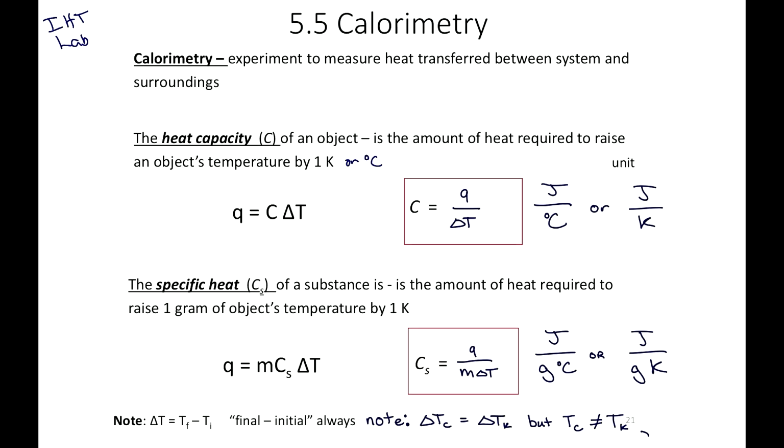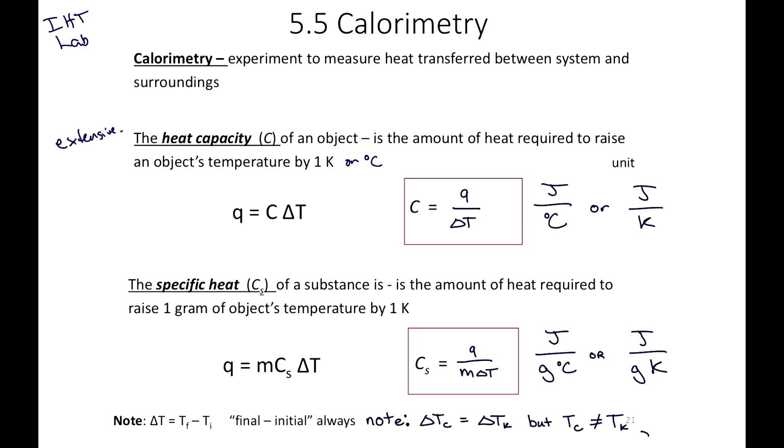So heat capacity depends on the size of your object. So this is an extensive property, okay? Think about how much energy it takes to heat up a cup of water versus a pot of water, all right? Those 2 objects have different heat capacities because they're different sizes. It only takes some energy to heat up a cup of water, but a pot of water is going to take a lot more energy, all right?